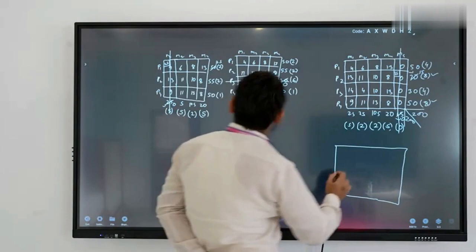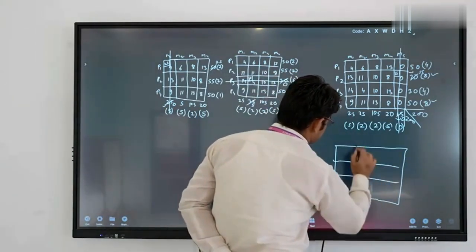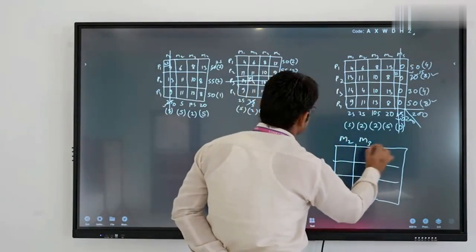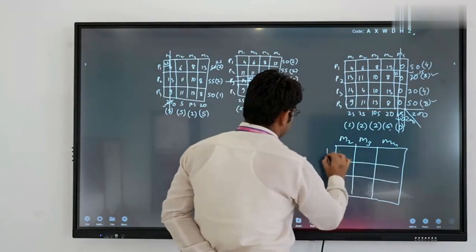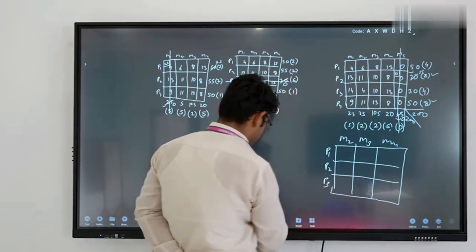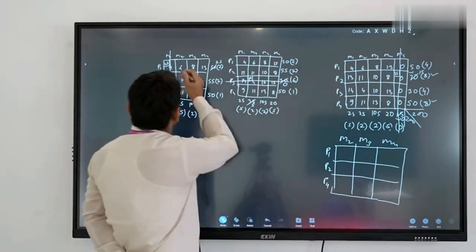Now the reduced matrix is remaining M2, M3, M4, P1, P2 and P4.